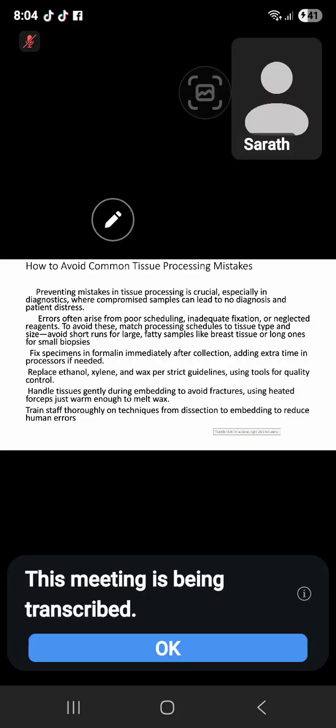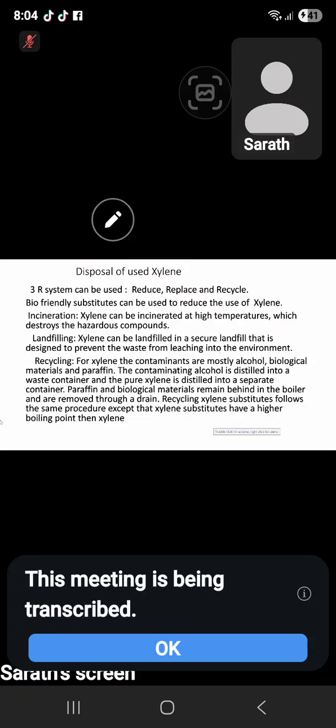Handling should always be done in a gentle manner. And again, I'm telling you, train staff thoroughly on techniques from dissection to embedding to reduce human errors. If you want to reduce human errors, trained people should be employed there.